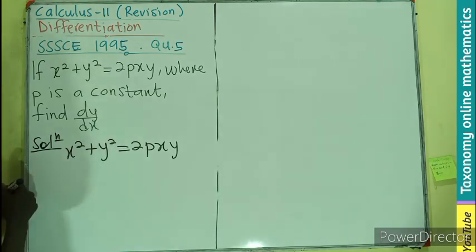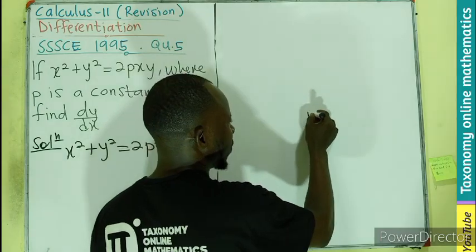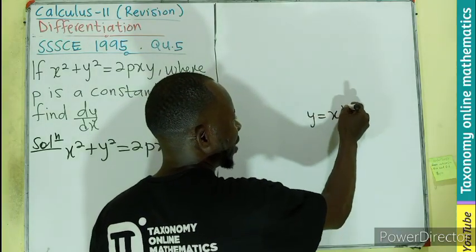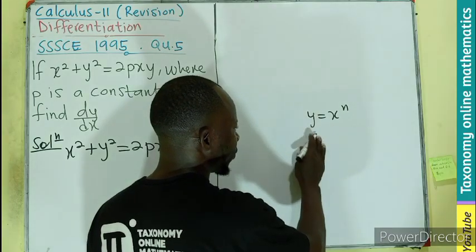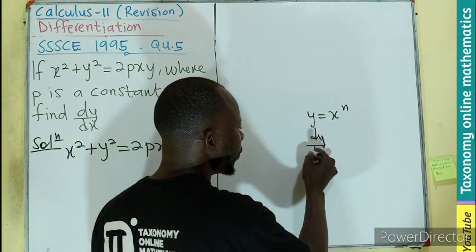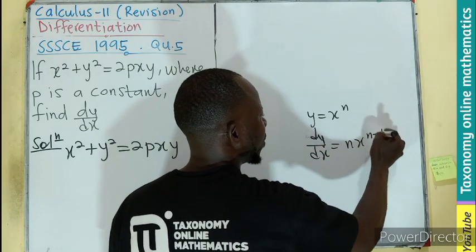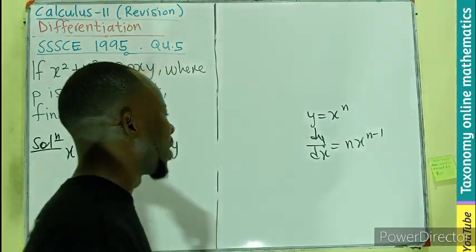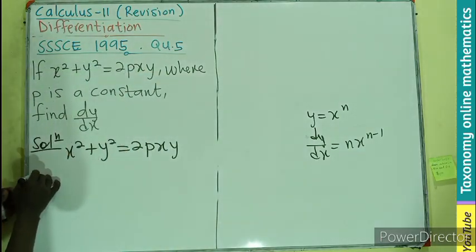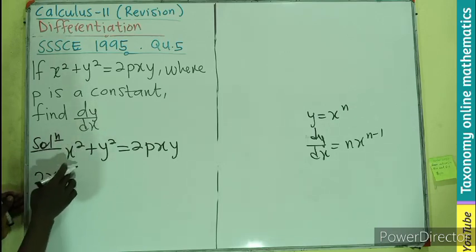The first term here, recall that if y equals x exponent n, then dy/dx will be nx^(n-1). The power is reduced by 1 when the power comes forward to multiply. So this is going to be your 2 coming forward to multiply x, then we reduce that. That will be 2x.